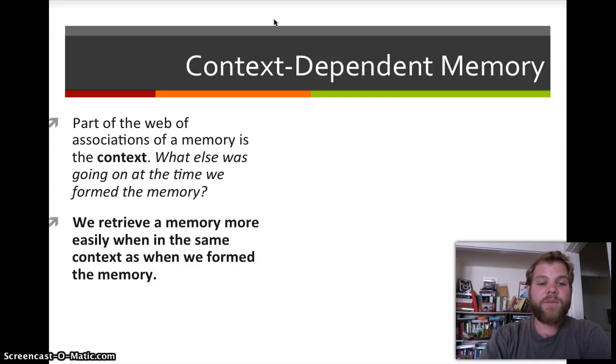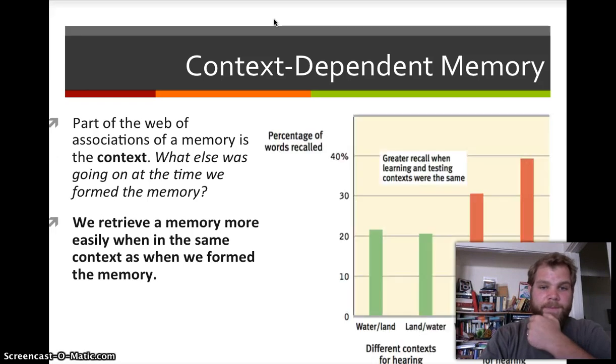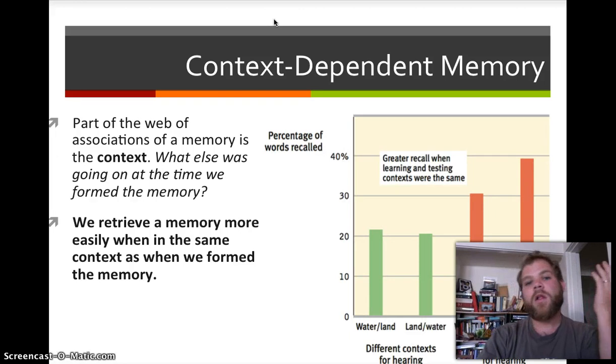We retrieve a memory more easily in the same context as when we formed the memory. Basically, the external surroundings we're involved in when we're making the memory will allow the memory to be retrieved easily. So if you put yourself in a similar context to the one you were in when you made the memory, it will be easier to recall the memory.